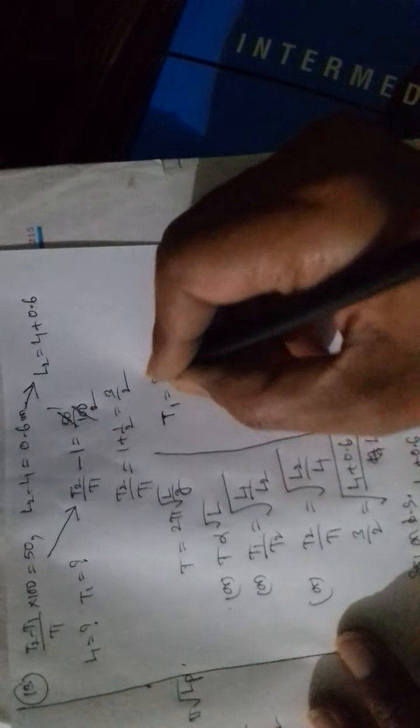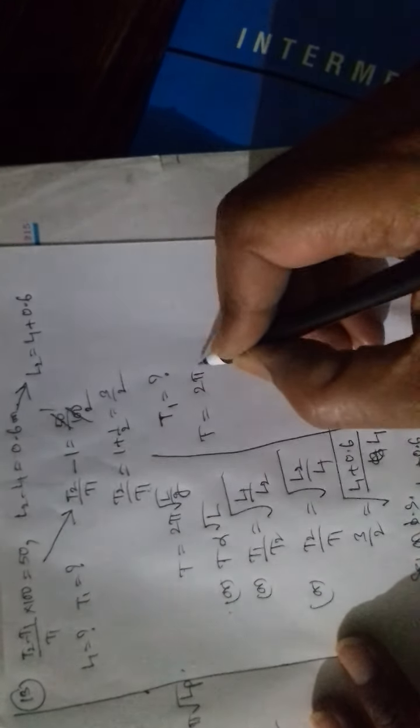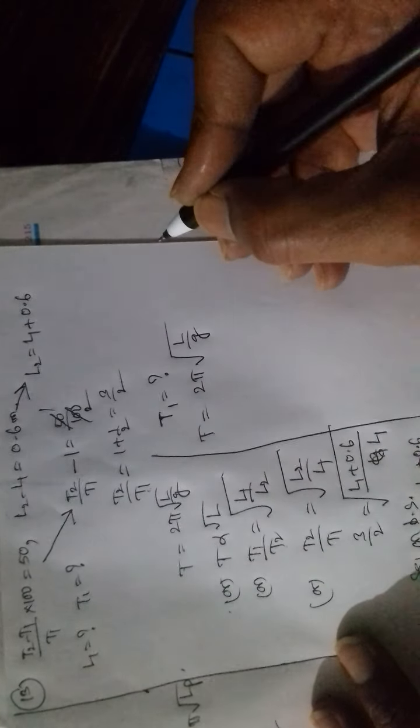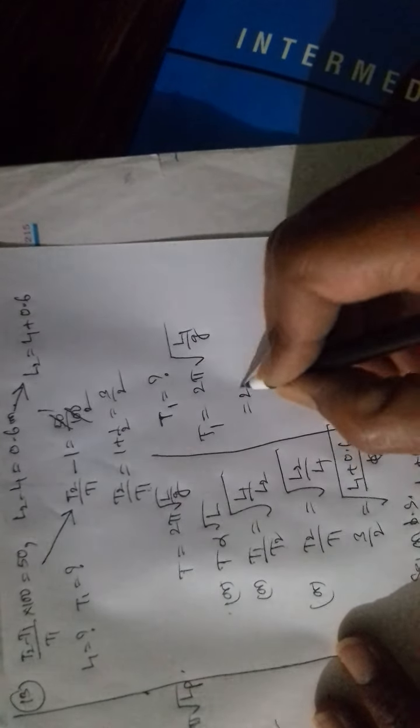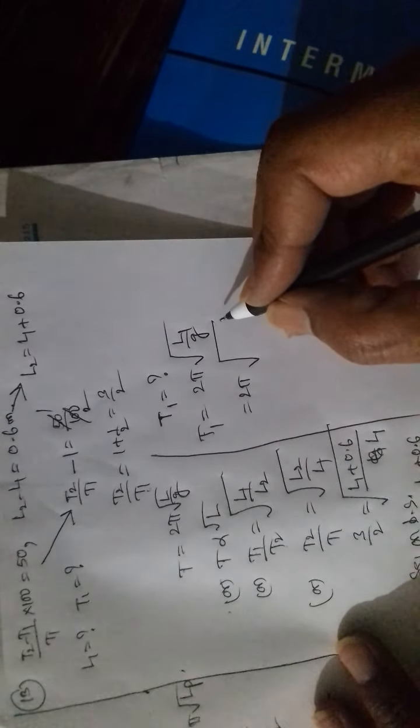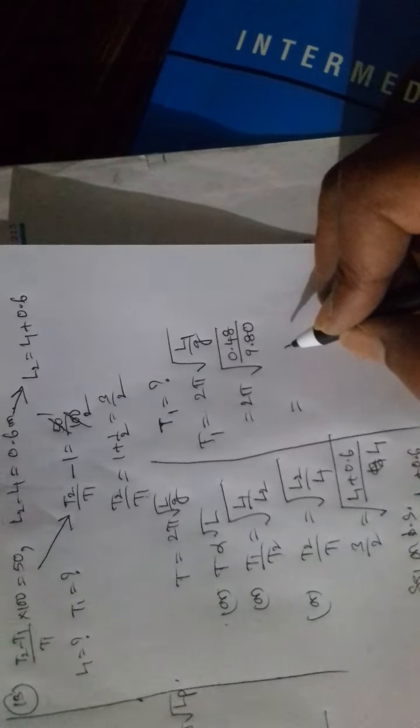Now the T1 value is required. See, for a simple pendulum T is equal to 2 pi root L by g. T1 is equal to 2 pi root of L1, the value we got here, 0.48. Substitute here, g value 9.8. From this, substituting this, we get the answer.